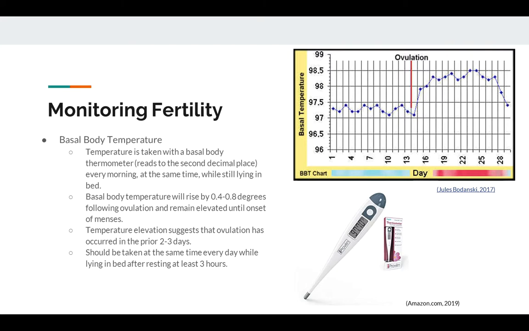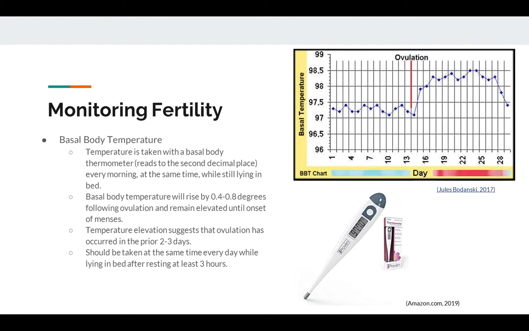So we know that the basal body temperature will rise by about 0.4 to 0.8 degrees after ovulation, and it stays higher until just before menses, which right here is day 28, so day 28 in this woman is probably the same as day 1 of the next cycle. So that temperature elevation suggests that ovulation occurred sometime in the prior 2 to 3 days.